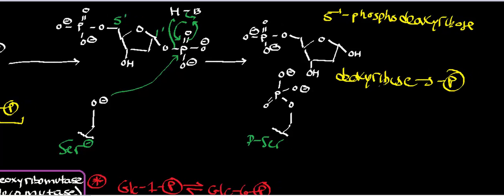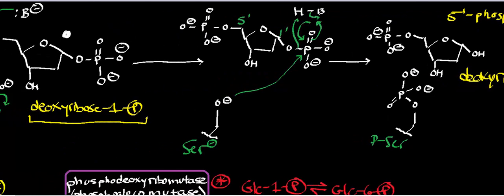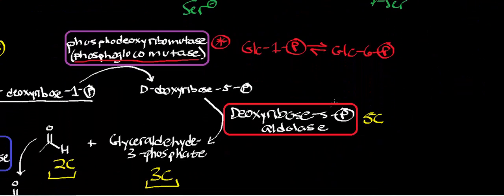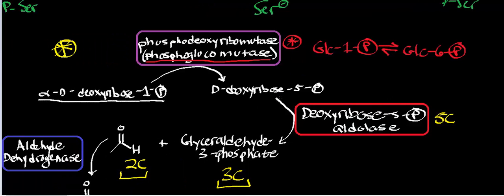This molecule, as we have just shown, is going to react with deoxyribose 5-phosphate aldolase, which is going to cleave a carbon-carbon bond, therefore it's a desmolase, into a 3-carbon fragment, glyceraldehyde 3-phosphate, and a 2-carbon fragment, acetaldehyde.